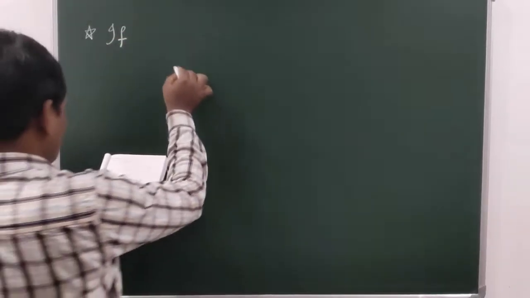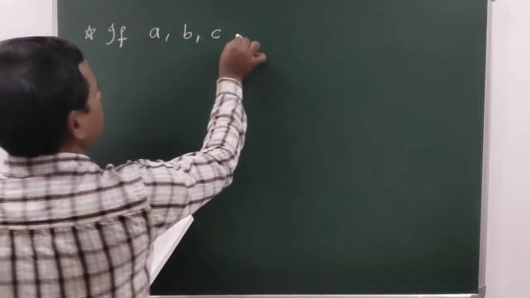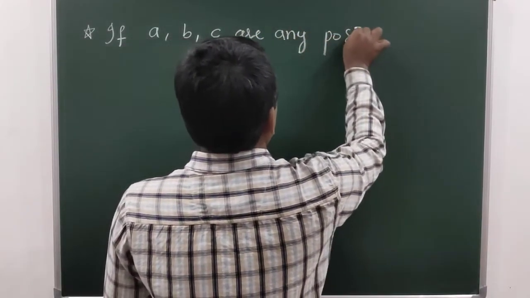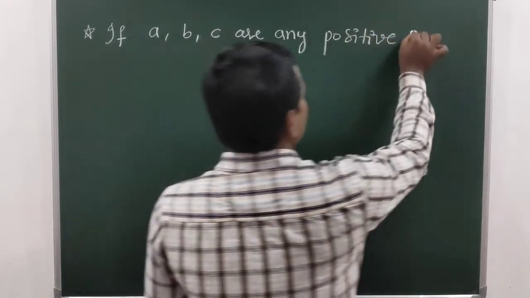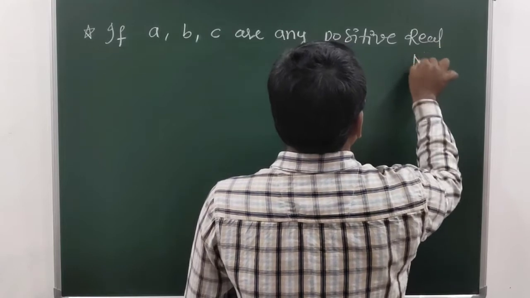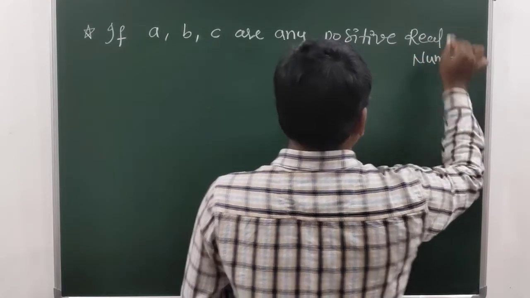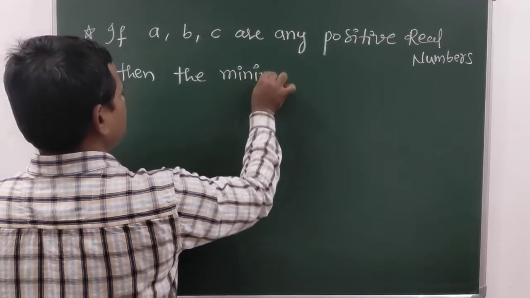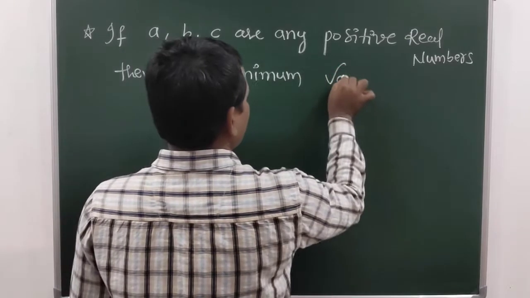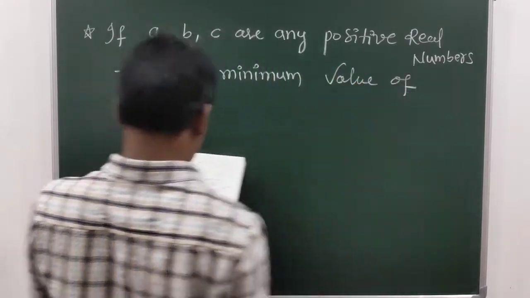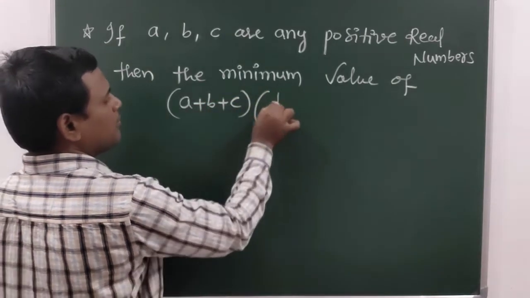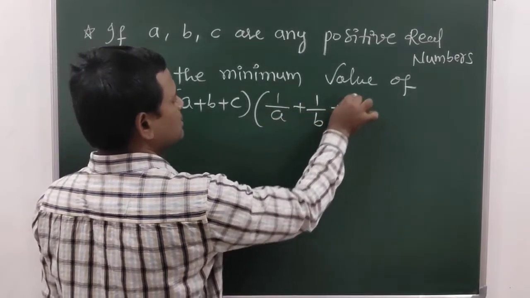If a, b, c are any three positive real numbers, then the minimum value of (a plus b plus c) into (1 by a plus 1 by b plus 1 by c).